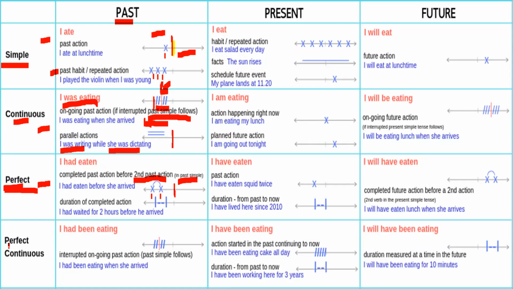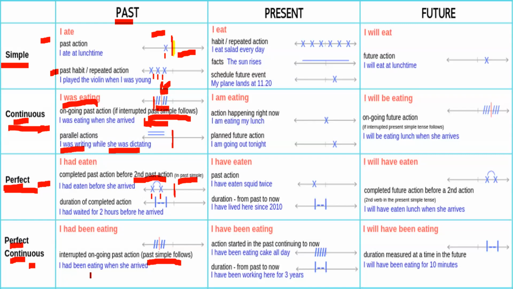The last one, perfect continuous. I had been eating. Again, it's an interrupted, ongoing past action and another event, past simple, follows. I had been eating when she arrived. As you see, this tense is very similar to the continuous one. I was eating when she arrived.